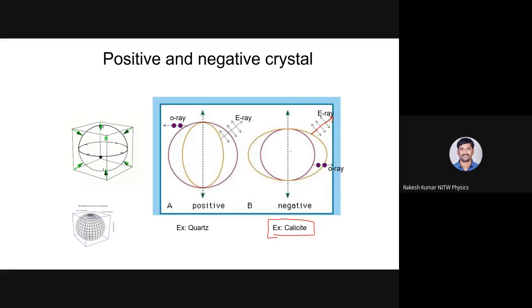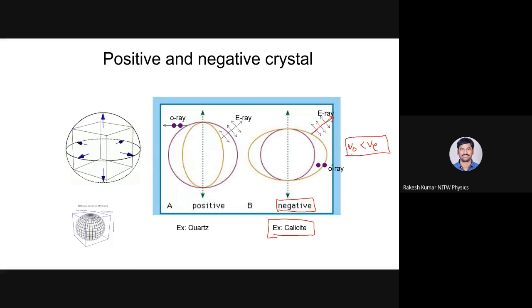This kind of crystal is called a negative crystal, because your ordinary ray is traveling slower than the extraordinary. In a positive crystal, your ordinary ray travels faster than the extraordinary. So what happens when the ordinary ray travels faster? You are going to get the ellipse inside the sphere, right?